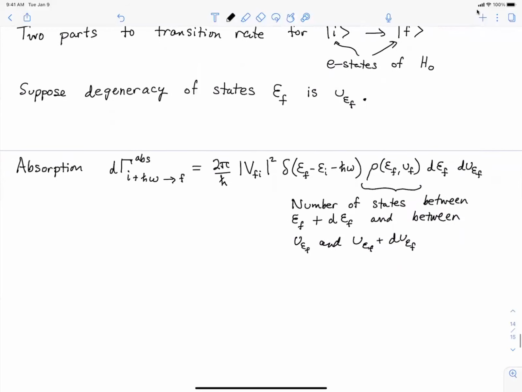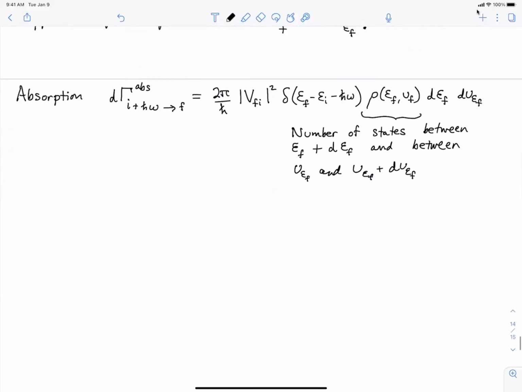Okay, and so that was the absorption rate, and then there's an emission rate. Okay, and so this is now initial state going to final state, plus we're donating some energy to the perturbation. And this looked almost the same.